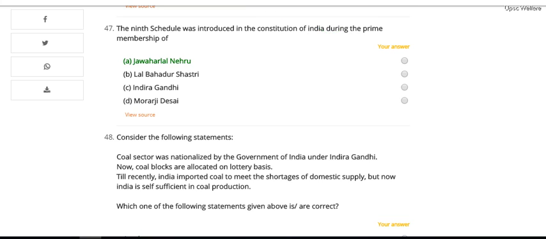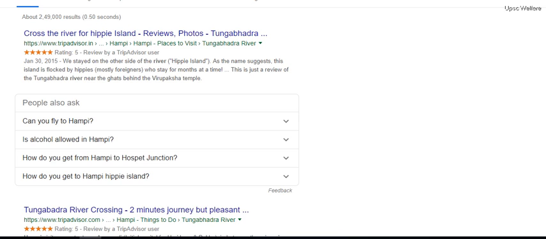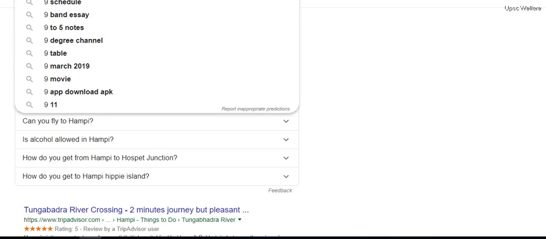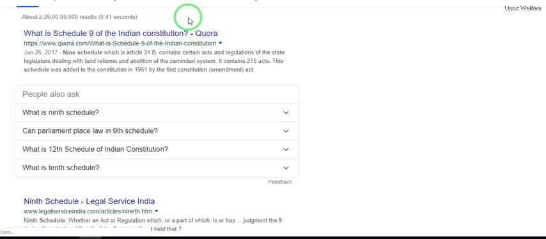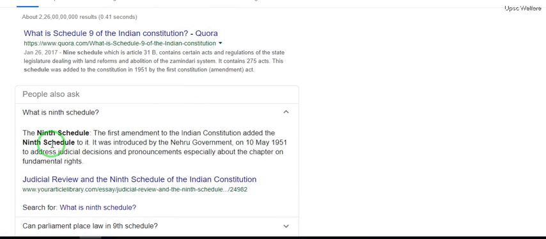Sorry, I have some confusion. In my opinion, the Ninth Schedule was added by Nehru, of course for procurement, and it is protected from judicial decision and pronouncement, especially regarding the chapter on fundamental rights. So it's going to be the Ninth Schedule here.